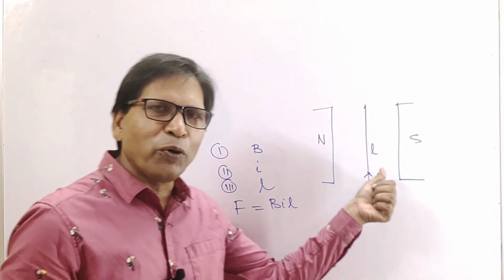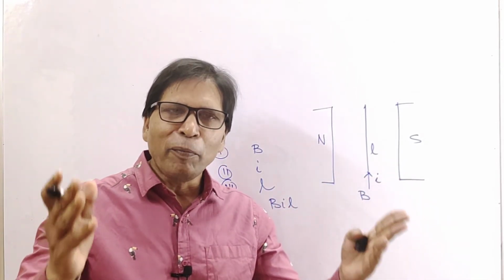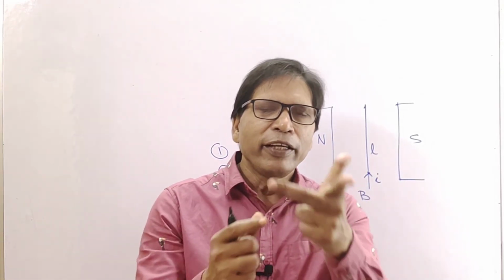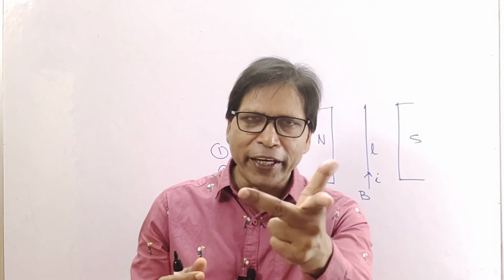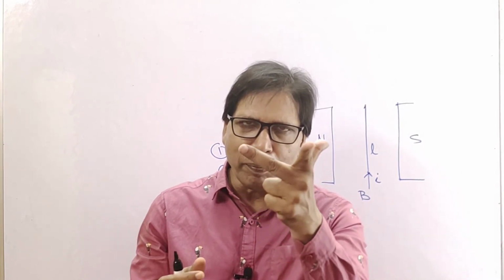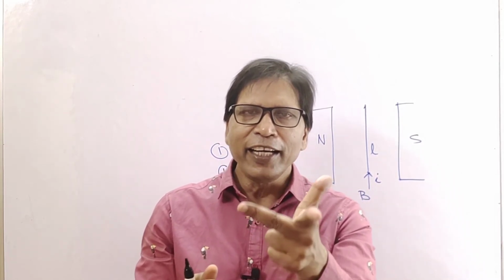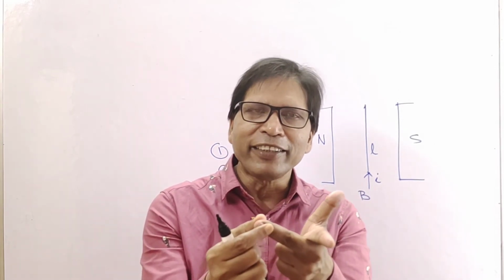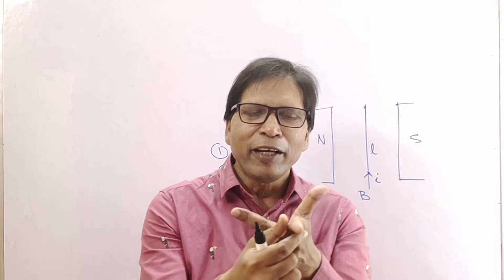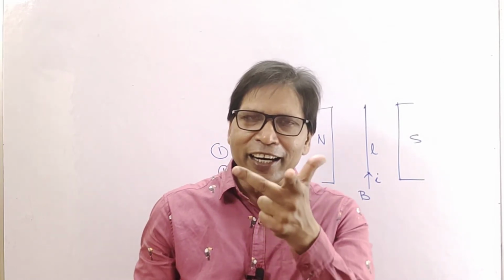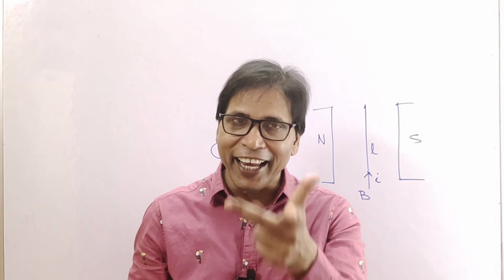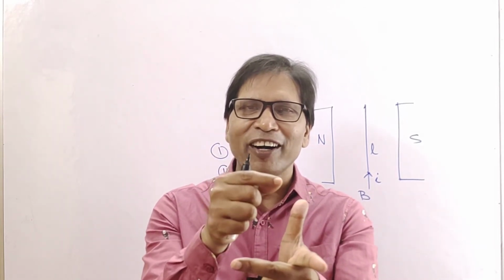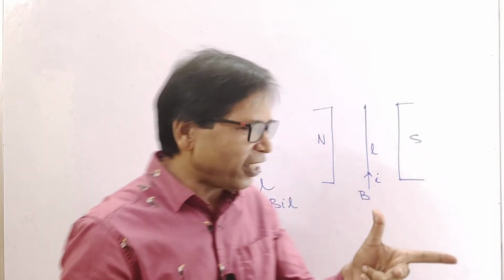The direction of force is determined by Fleming's left hand rule. If three fingers of the left hand are arranged mutually perpendicular to each other in such a way that the middle finger represents the direction of current and the forefinger represents the direction of magnetic field, then the thumb represents the direction of motion of the conductor, or force. Look at this.